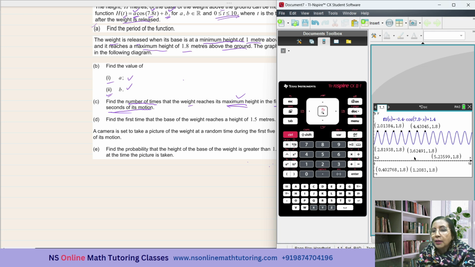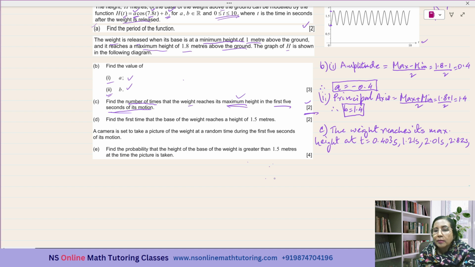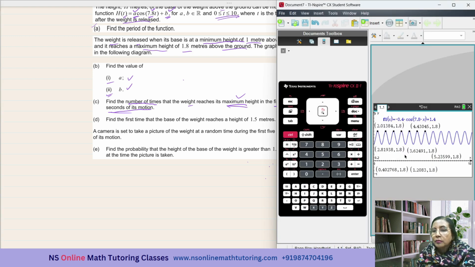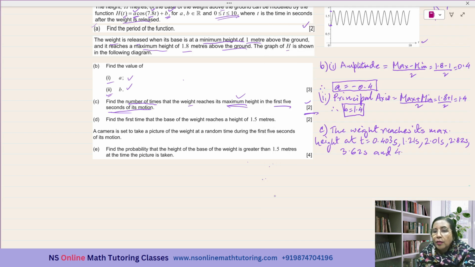Then it is 3.62 seconds, and 4.43 seconds, in the first 5 seconds.